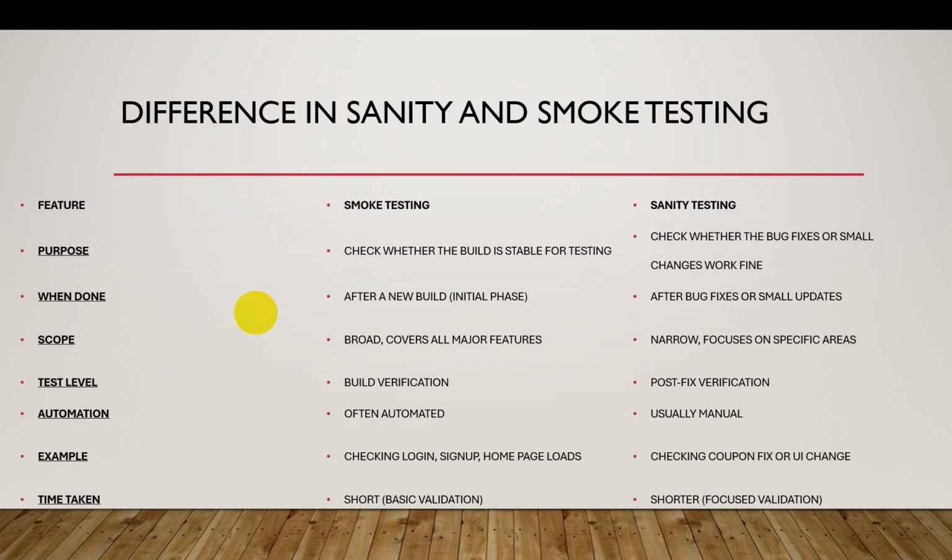Okay, we do smoke testing after the new build or in the initial phase of the testing of the sprint, and we do sanity testing after bug fixes or small updates happen in the application.